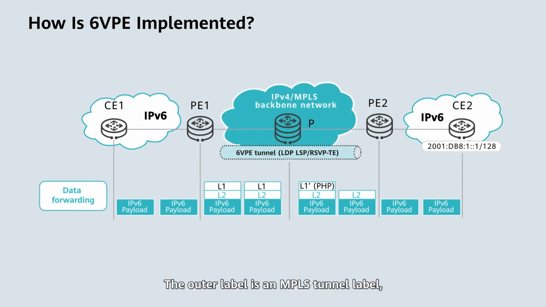The outer label is an MPLS tunnel label, indicating how to reach the BGP next hop. The inner label is a VPN IPv6 label, which is used to determine the outbound interface of the packet and the VPN to which the packet belongs.